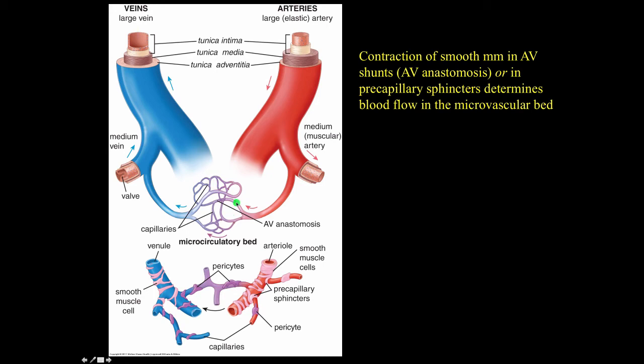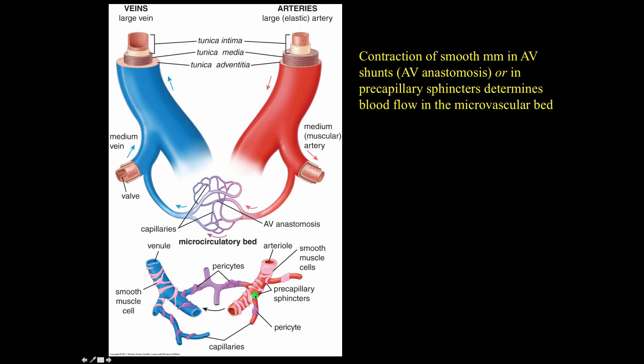On the other hand, if that smooth muscle was dilated, it might be easier for blood to get into that capillary bed. So contraction of smooth muscle in the AV shunts or AV anastomosis or contraction of precapillary sphincters will determine blood flow in the microvascular bed.